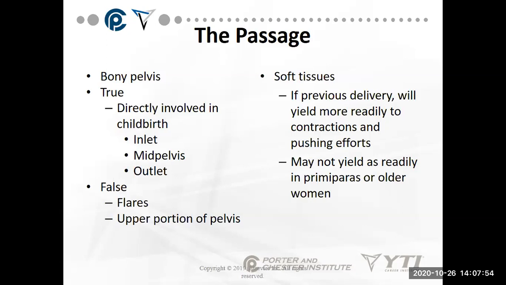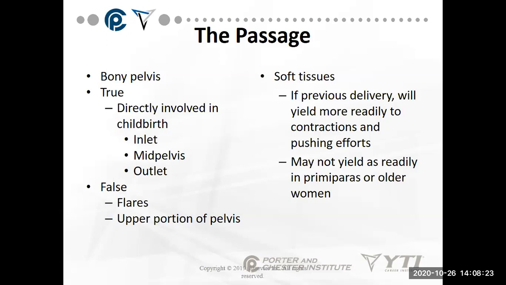Your book does go through it a little bit more. Figure 6.5 shows you the different shapes and everything of the head. But just always remember the anterior and the posterior. The sutures and the fontanelles of the head allow it to change shape as it passes through, because of that molding effect.